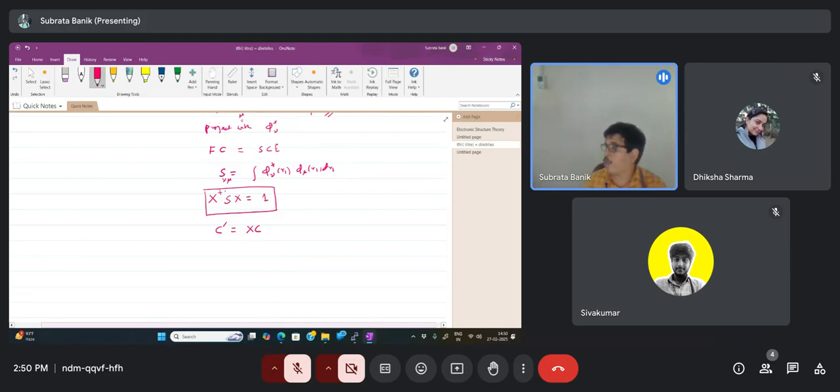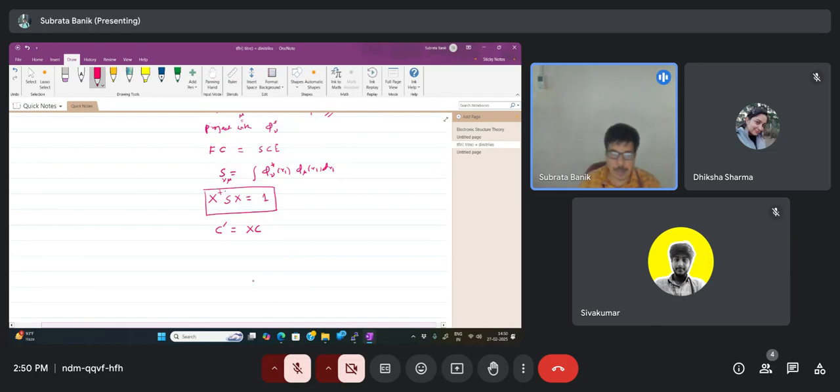Any matrix can be orthogonalized, as in linear algebra. We have orthogonalized the matrix S with a transformation matrix, that is X. Now we define a new set of C such that C prime equal to X inverse C. In C prime, S is orthogonal.